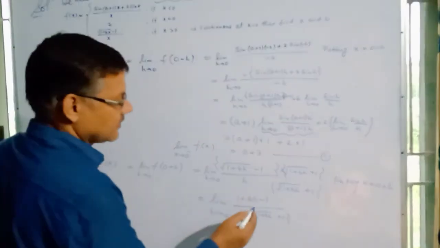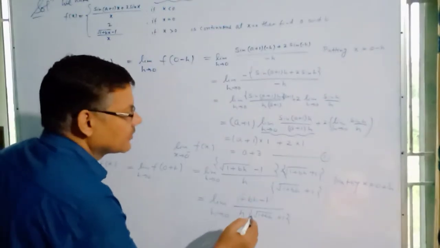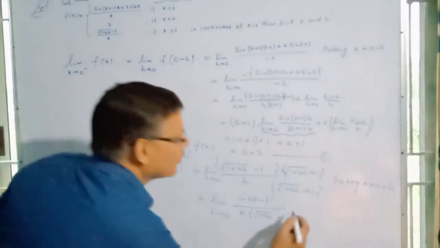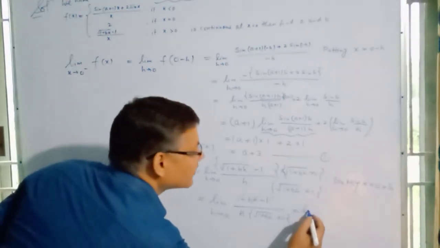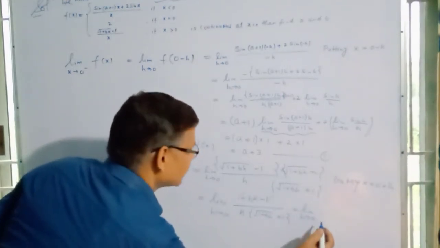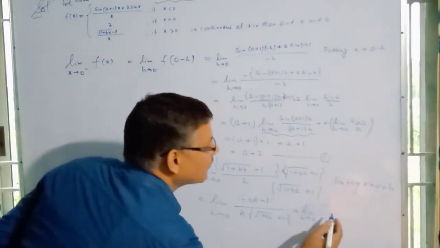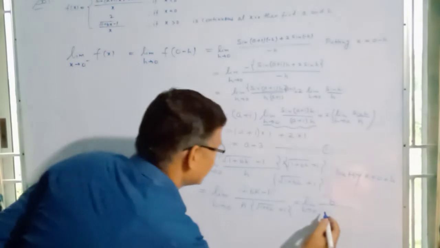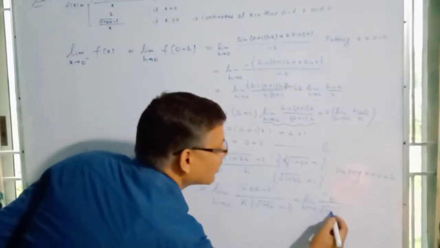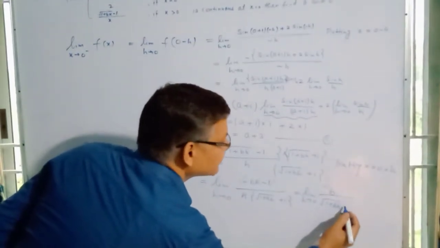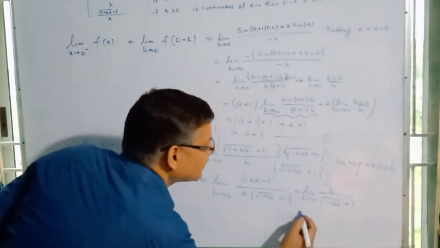Now 1 minus 1, that is 0, is cancelled out, and h cancels, and we get the limit as h tends to 0 of b divided by (√(1+bh) + 1).